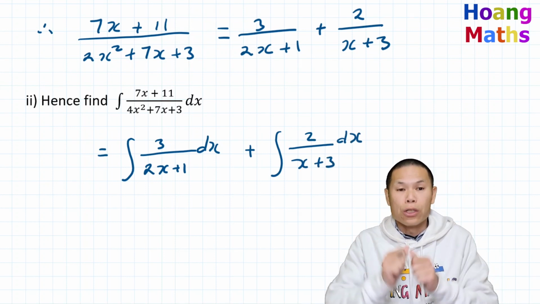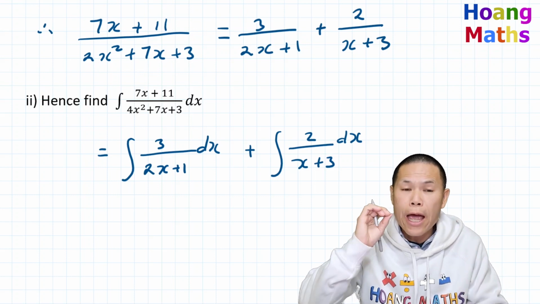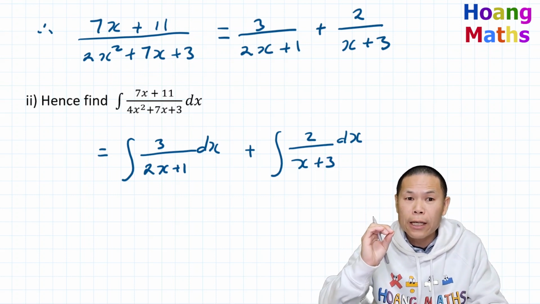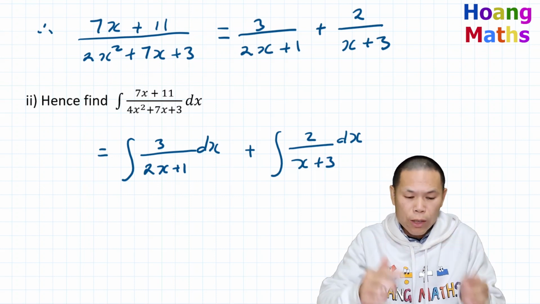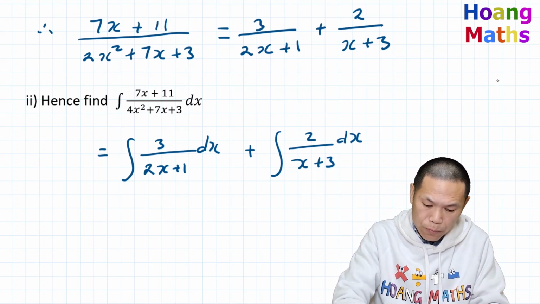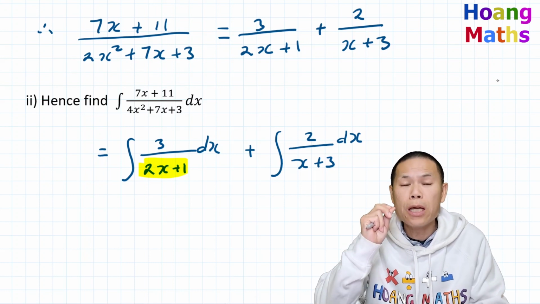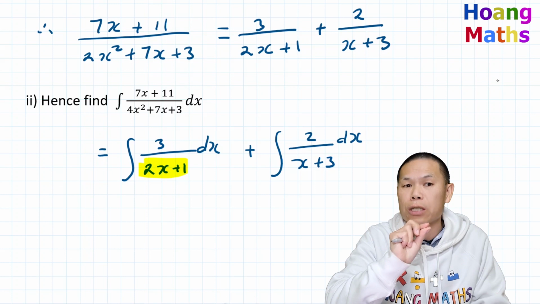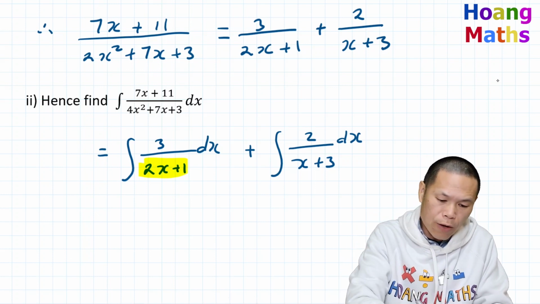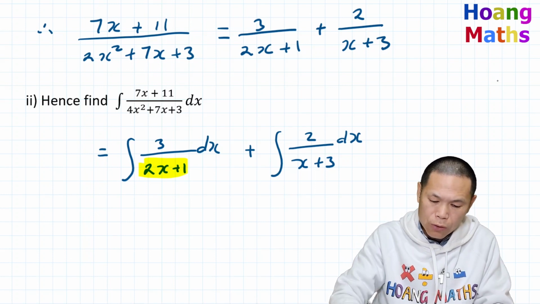So there you go. So don't forget, if we integrate f dash x over f x, this will give me ln of f of x. So if we differentiate the denominator here, it will give me 2. So we need the numerator to equal 2. So I take the 3 out, and I times by 2, and I divide by 2 as well. So let me just rewrite this, okay?